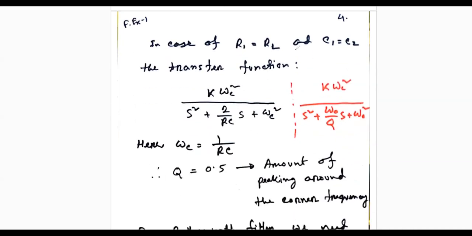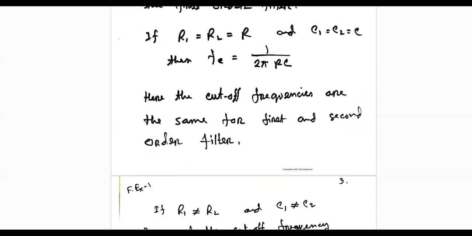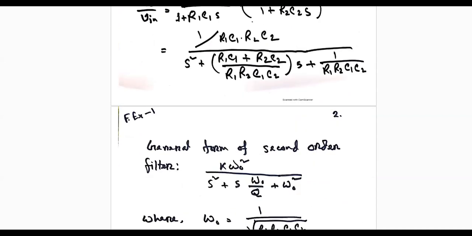In case of R1 equals R2 and C1 equals C2, the transfer function can be written like this, and this is true for all the cases. We already derived the transfer function before. If you can remember, this is our transfer function. In this case, we are just putting R1 equals R2 and C1 equals C2.